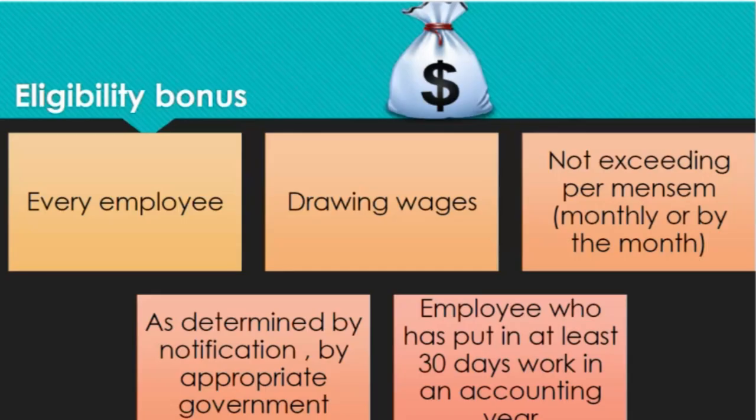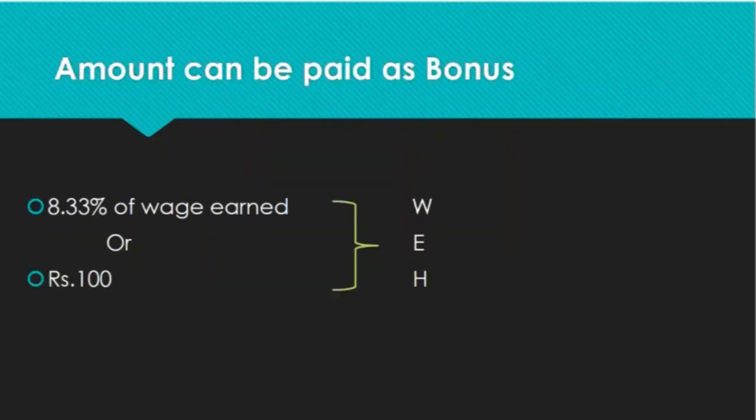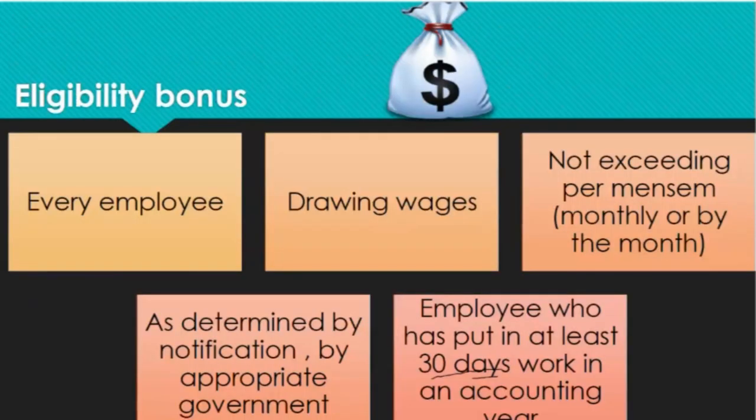Who is eligible for bonus? Every employee who has worked for a minimum of 30 days during the last year. Then every employee who is drawing wages not exceeding a certain limit, which will be fixed by the government from time to time, not exceeding the limit per mensem. Mensem means monthly wages.